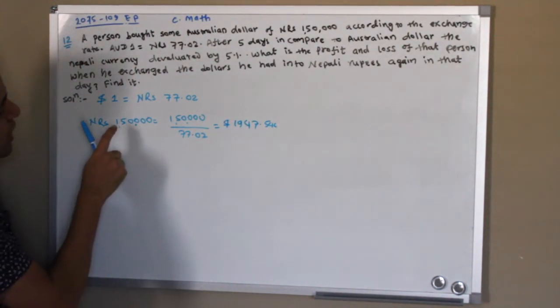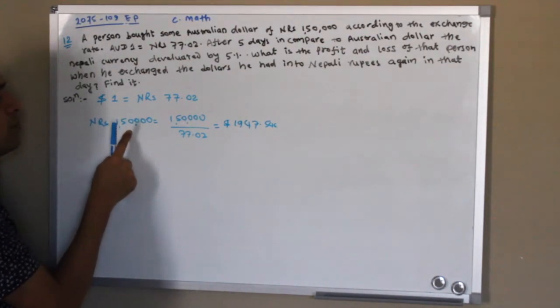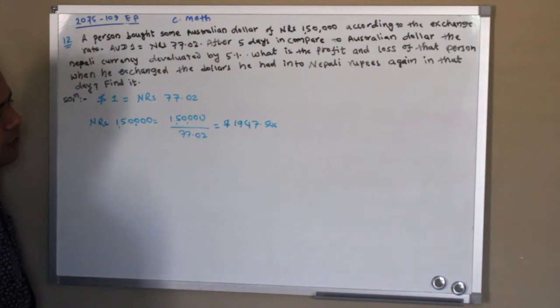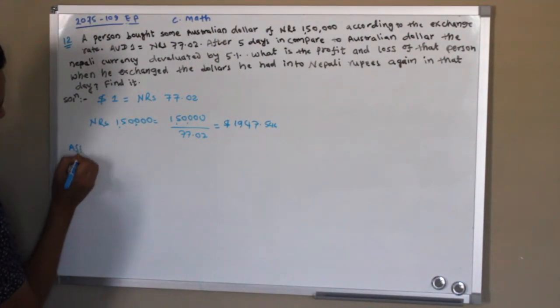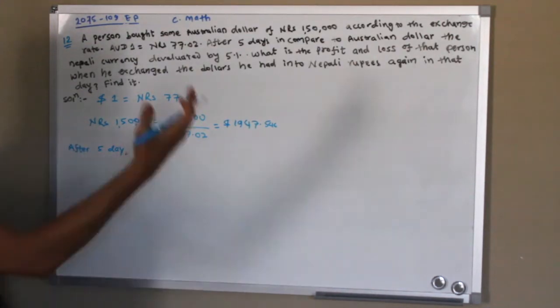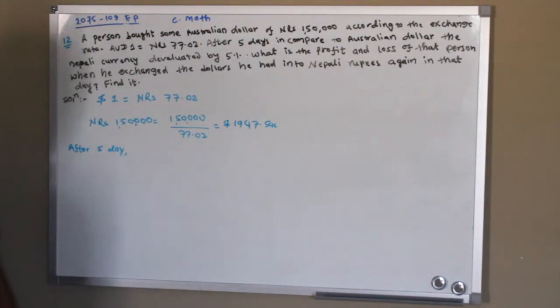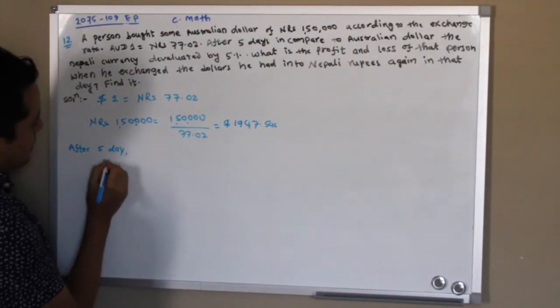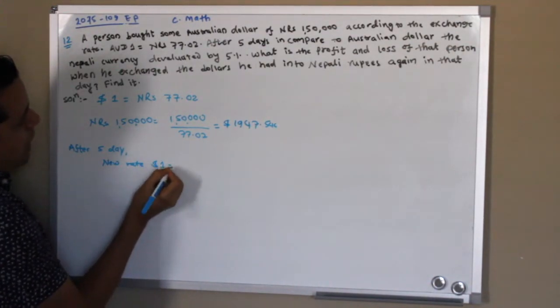So now, for 1,50,000 rupees, you will get $1,947.54 Australian dollars. After 5 days, what happened? Well, the dollar went up because the Nepali currency went down, devalued. So the new rate, $1 equals to what?